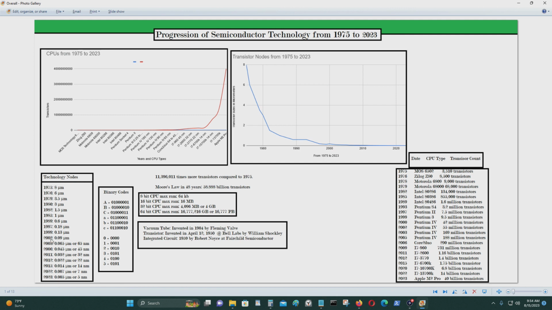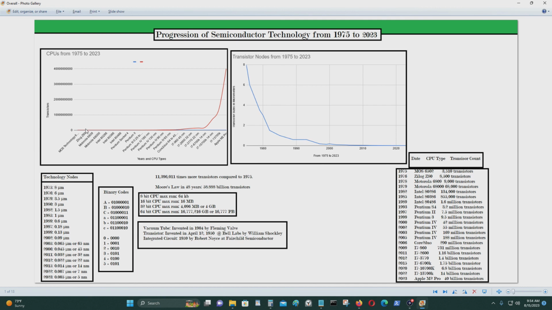By 2002, it went down all the way to 0.09 micrometers. And today, it's about 0.005 micrometers or 5 nanometers, which is a lot smaller.